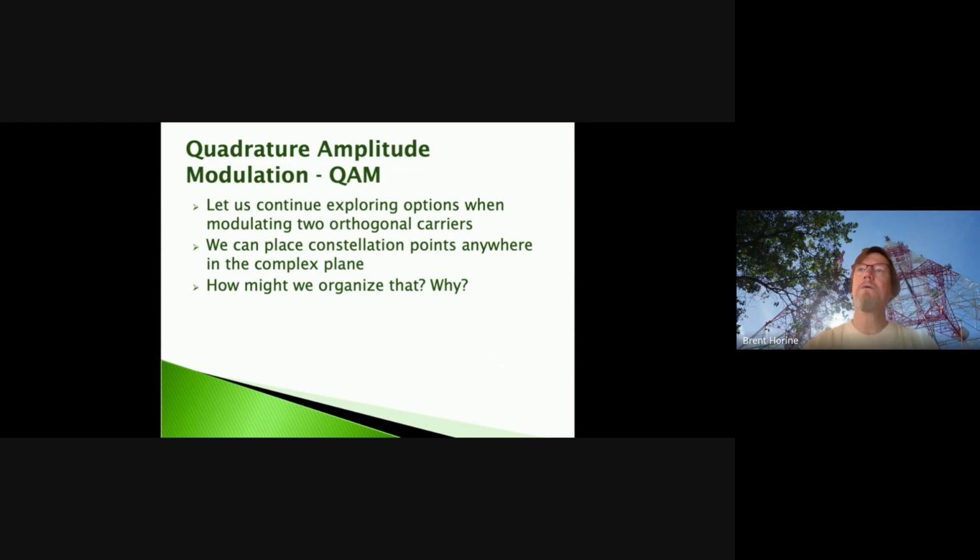Okay, so now once we're in a complex plane, we could potentially place these constellation points anywhere in the complex plane. Now, it may not be advantageous to be totally arbitrary about it. So how might we organize that and why?